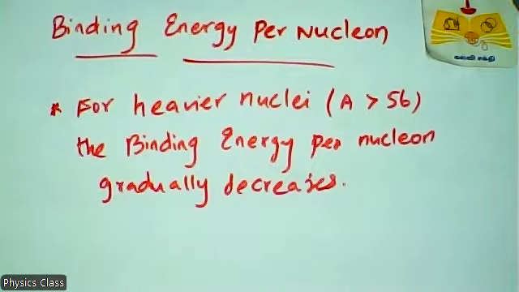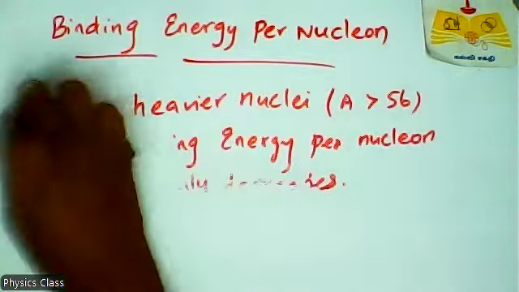So from this concept you know that the nuclei near iron are the most stable, while lighter and heavier nuclei are less stable. Clear?